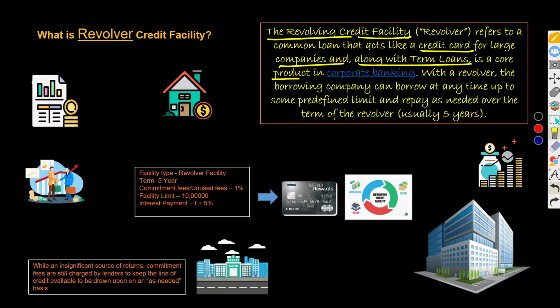All right. With the revolver, the borrowing company can borrow at any time up to some predefined limit, like a credit card, and repay as needed over the term of the revolver facility. Usually this facility would be for 5 years, and maybe less than that as well.